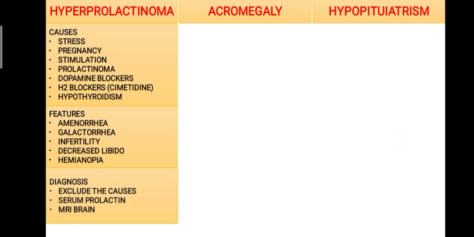Now to diagnose this, first we have to exclude the common causes, like check for pregnancy, check for stress, and ask history about dopamine blocking drugs, H2 blockers, and check for thyroid hormones.